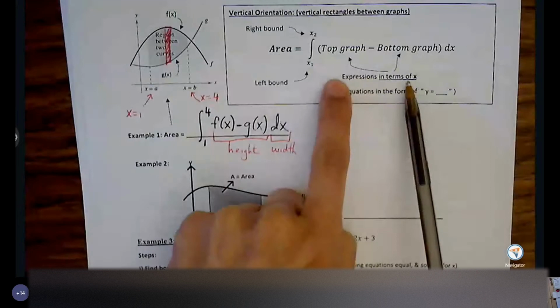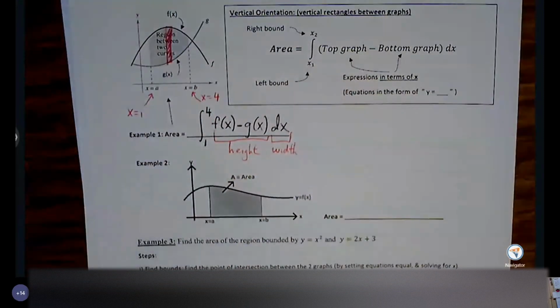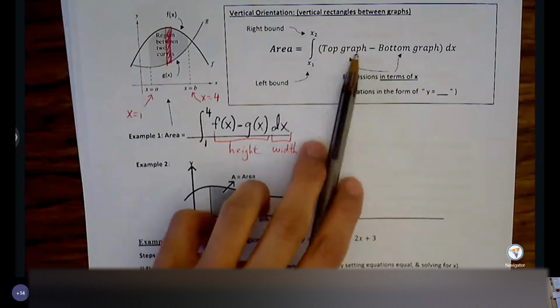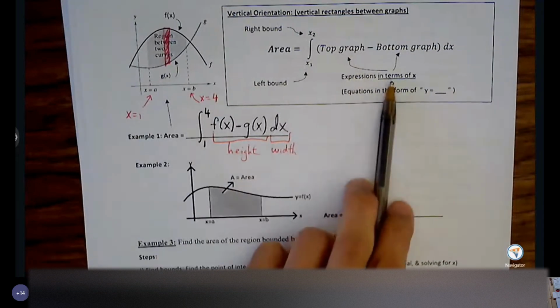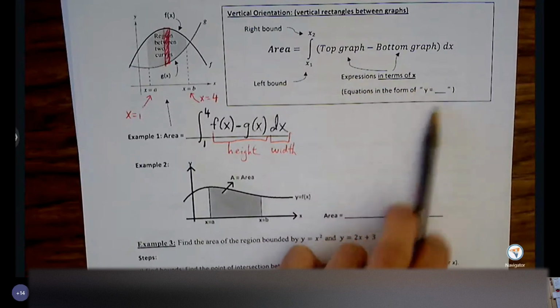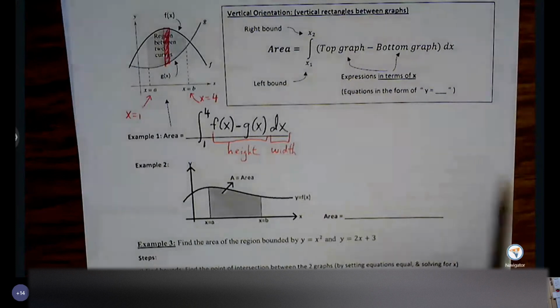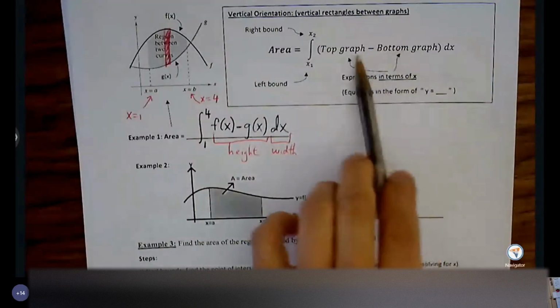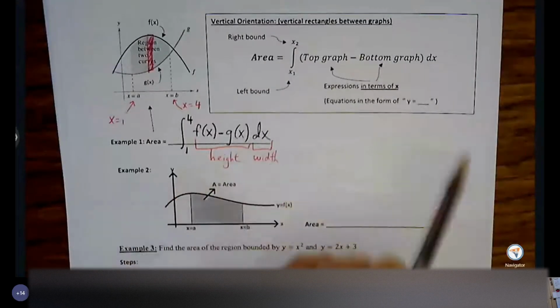So if we want to do a vertical orientation, that means a graph is above the other one. We're always going to be relying on this top minus bottom formula. Now, your expression is always going to be in terms of x, but then more generally, we can say that your equations will always take on the form of y equals. Whatever is to the right side of the y equals is going to be ready to be inserted into whichever portion of our formula.